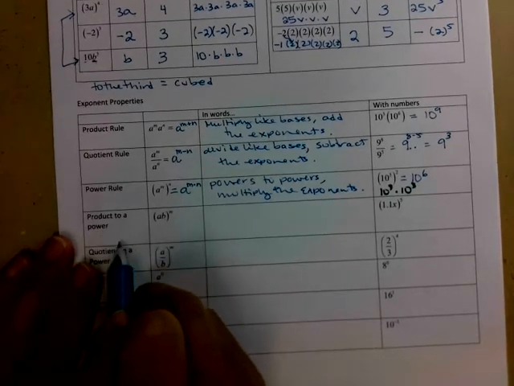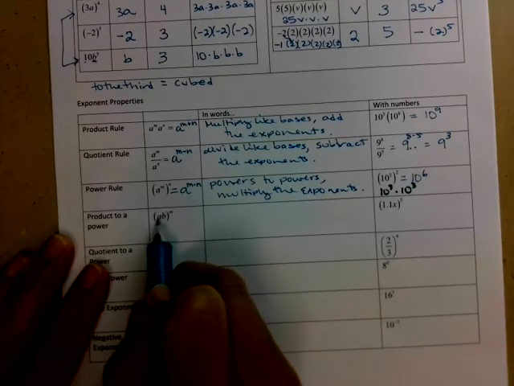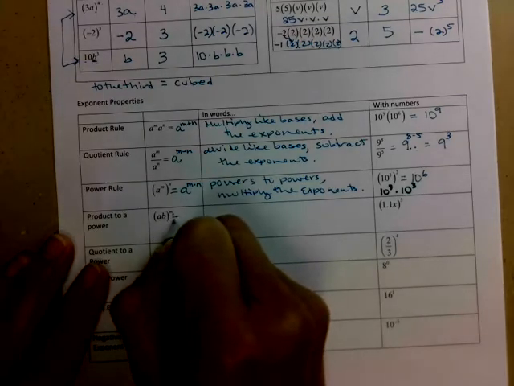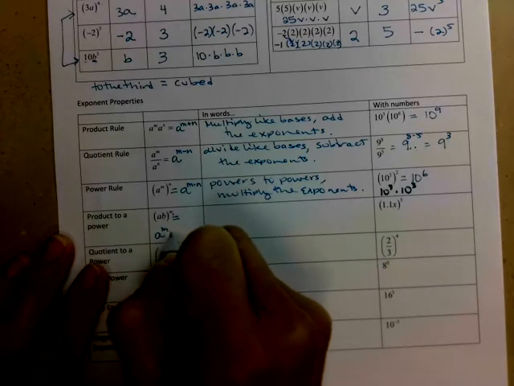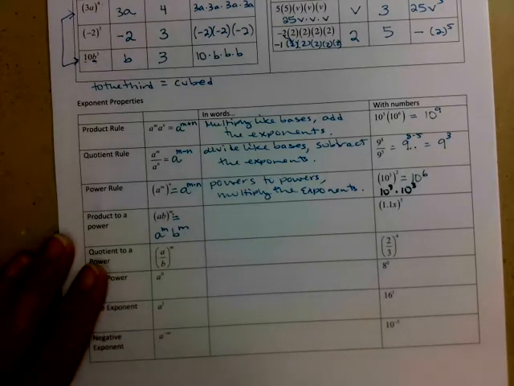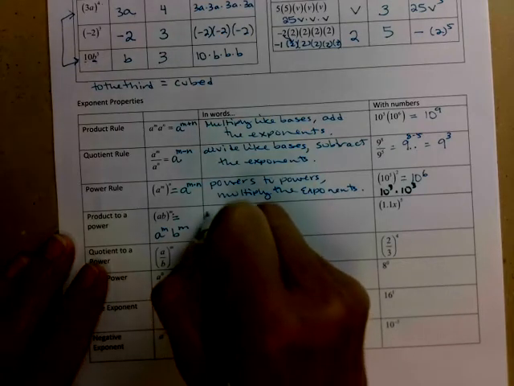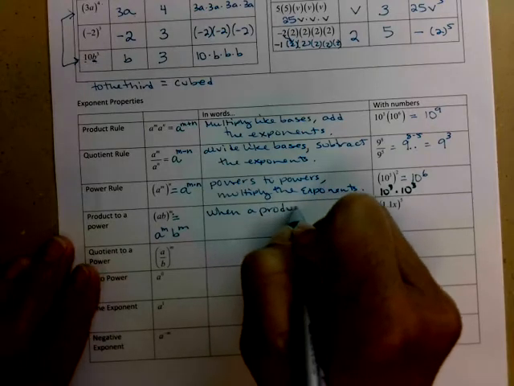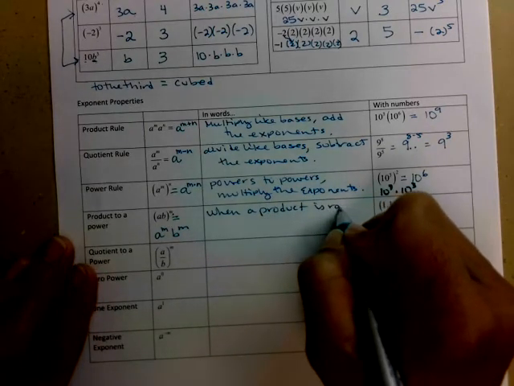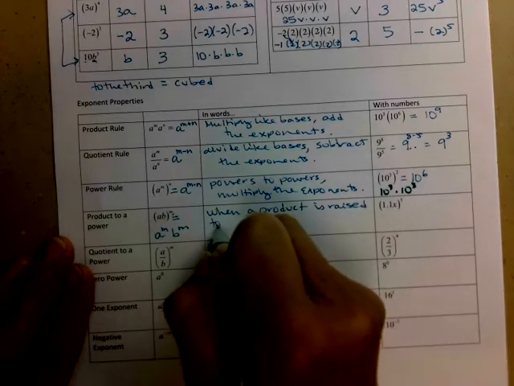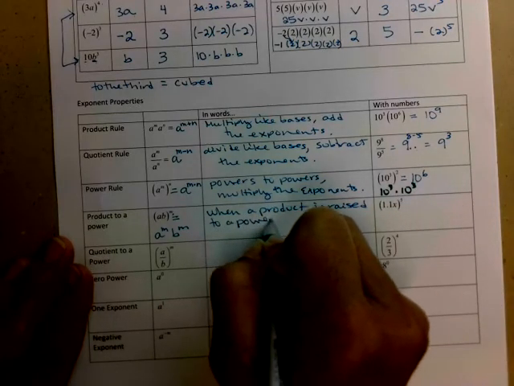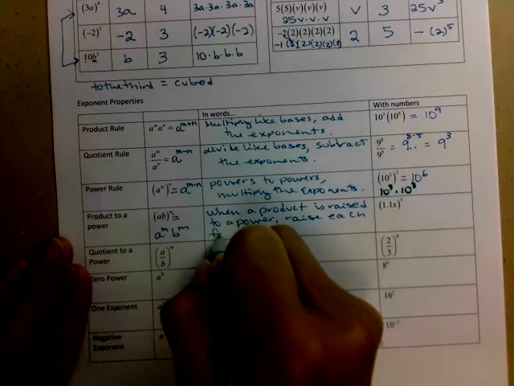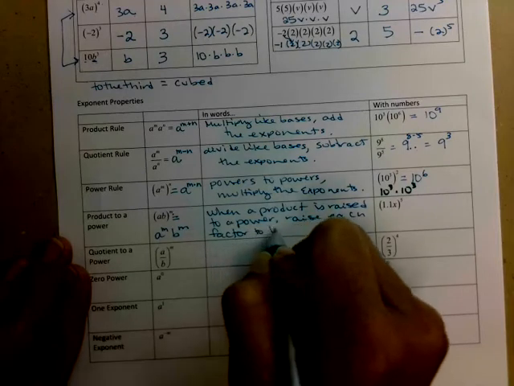Okay, product to a power. A times B, here's your product multiplying on the inside, and then that's raised to a power. So this equals a to the m times b to the m. When a product is raised to a power, we raise each factor to the power.